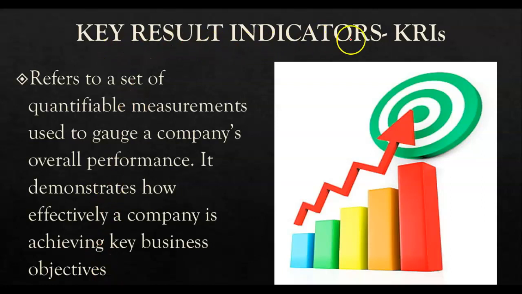Okay, so key result indicators. They refer to a set of quantifiable measurements used to gauge a company's overall performance. So here we are talking about measurement. It demonstrates how effectively a company is achieving key business objectives.